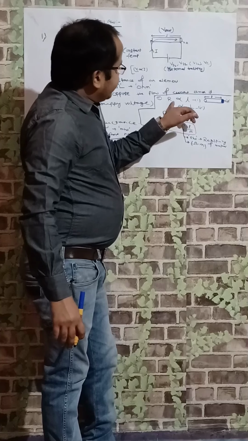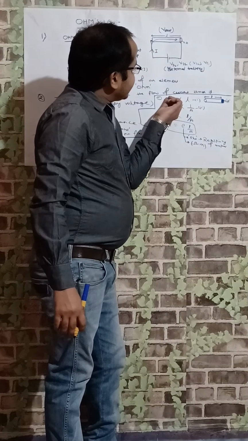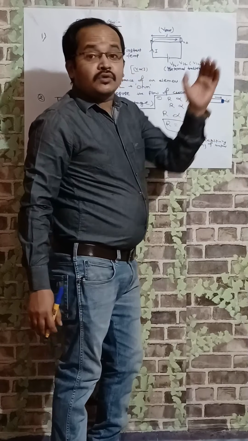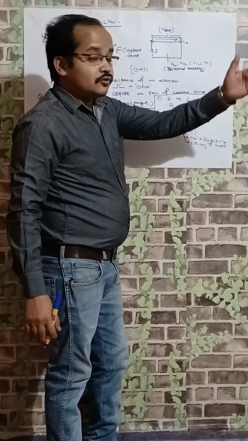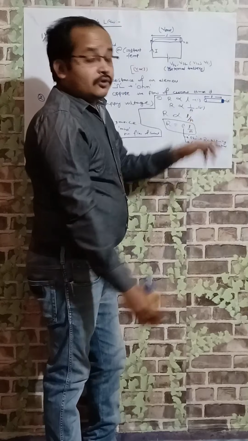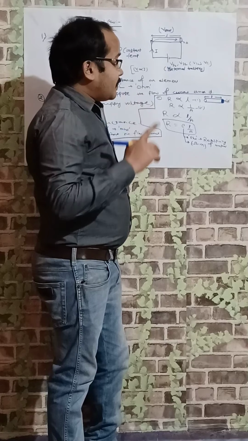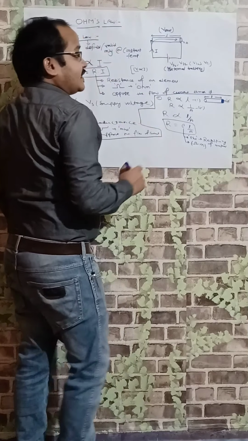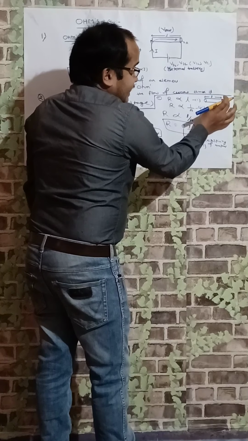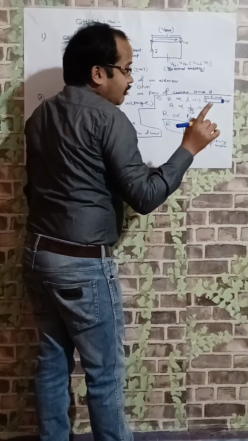So, sir, if the length is increasing, it means resistance is also increasing. If length is increased by 2 times, then the resistance of the material will also increase by 2 times. But one thing you must remember, you must concentrate: if length is increasing, then the area of cross section should be constant.